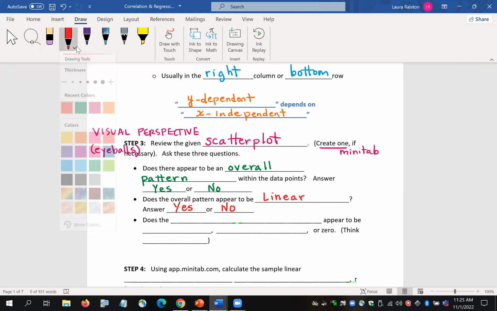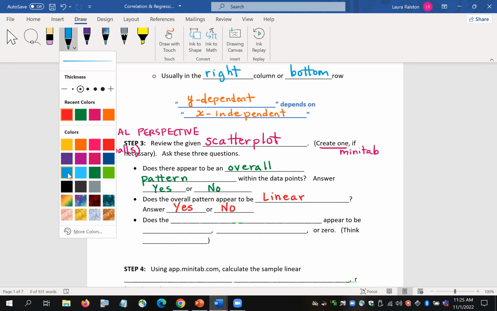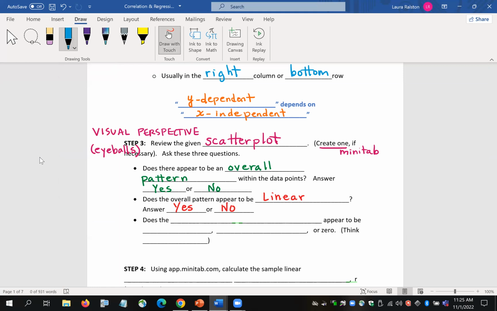And then we ask one last question. Does the linear, or you could even say overall, pattern appear to be positive, negative, or 0?